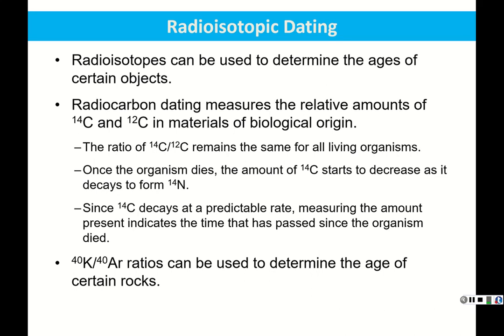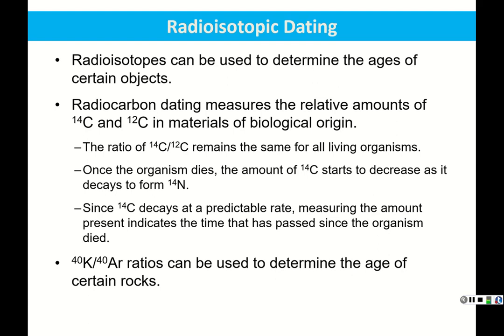Radioisotopes can be used to determine the ages of certain objects, as I assume most of you have seen in a TV show or something where they use carbon-14. The ratio between carbon-14 and carbon-12 is a constant ratio in living organisms because we're constantly taking in carbon from the environment to remain alive.